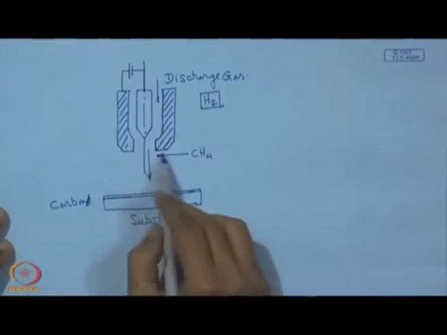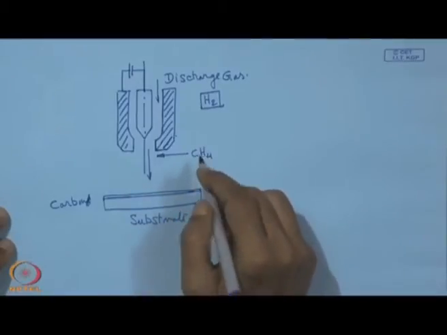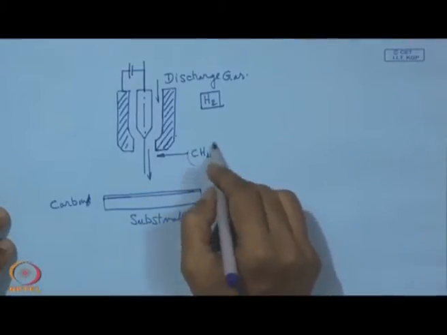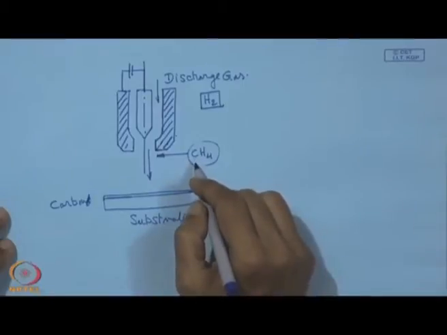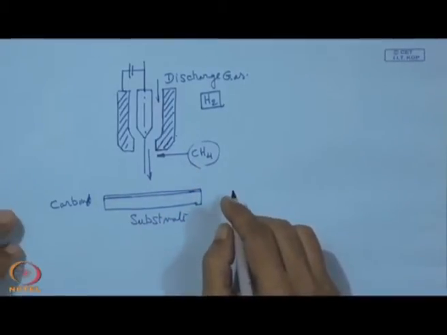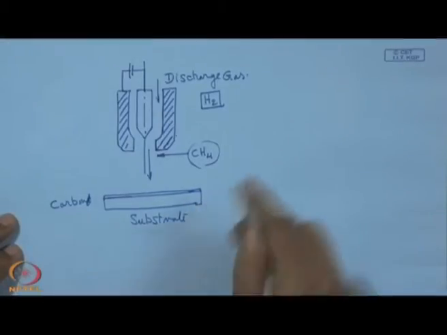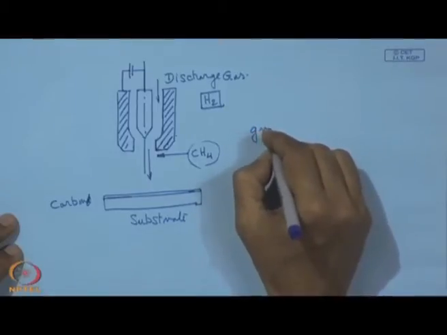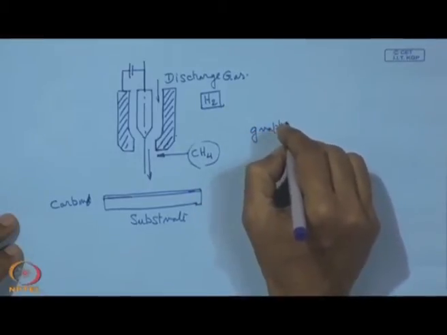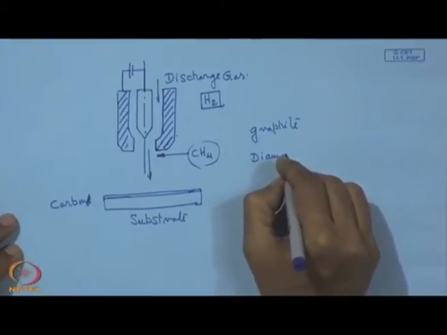So, this plasma will cause dissociation, and with this energy available, the methane will be transformed into carbon, and that carbon arrives here. Now, this carbon can arrive in two forms. One is graphite, another is diamond.